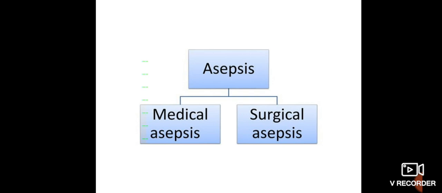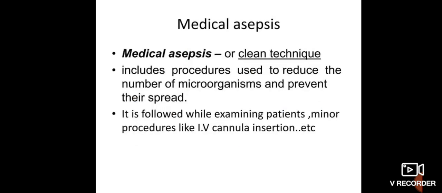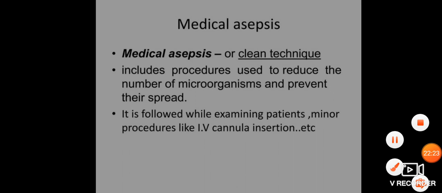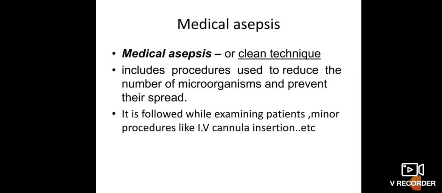So asepsis is of two types, medical asepsis and surgical asepsis. Medical asepsis is a clean technique that includes procedures used to reduce the number of microorganisms and prevent their spread. It is followed while examining the patient, and in minor procedures like IV cannula insertion.